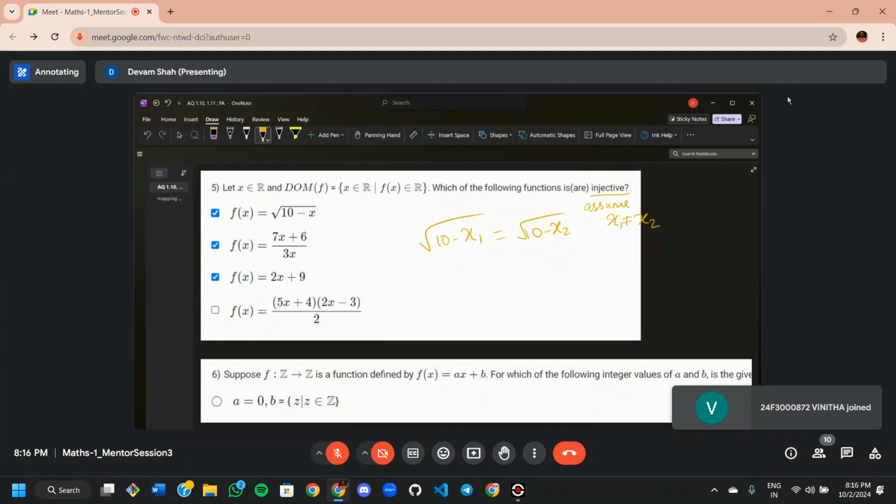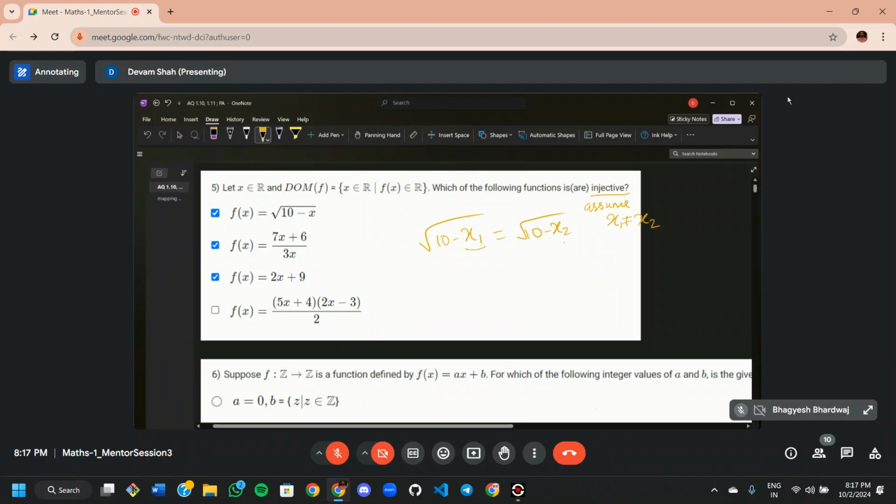Here I am taking two different inputs, x1 and x2, and assuming they are different, meaning they are not equal. And I'm equating the outputs. Here I'm trying to prove that this is not one-one, that it has two different inputs and the same output. So for this to be equal, this will also be equal, right?